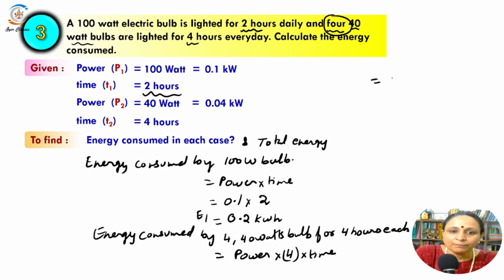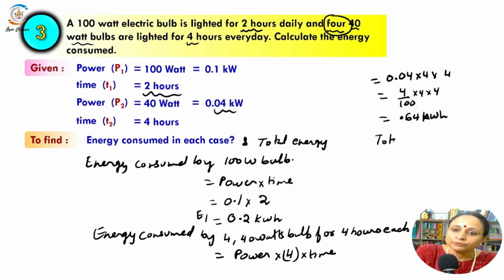So what is the answer? Power is 0.04. How many bulbs are there? 4. And the time is also for 4 hours a day. So it is 4 by 100 into 4 into 4. So what is the total energy? That is equal to 0.64, that much of kilowatt hour.